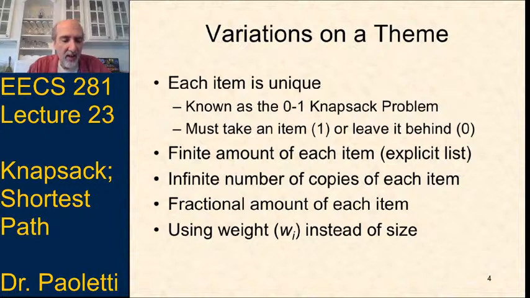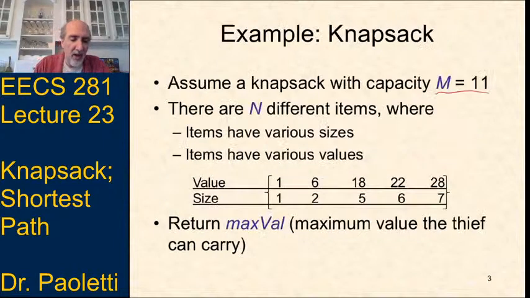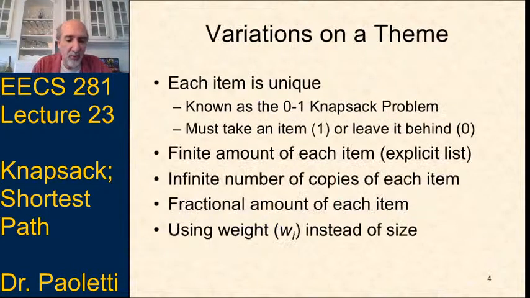If we remove the fact that the items are unique, we could allow duplicate items. We could say, oh, there's an item of size 6, value 2. There's another item of size 6, value 2. We just remove the unique restriction, and we can have a list with the duplicates explicitly stated. That's what I meant by explicit list here, is we'll explicitly list the items that have duplicates.